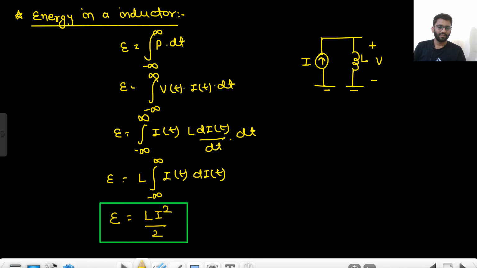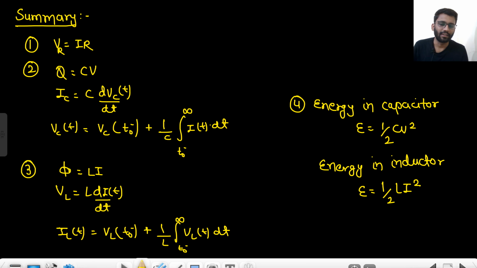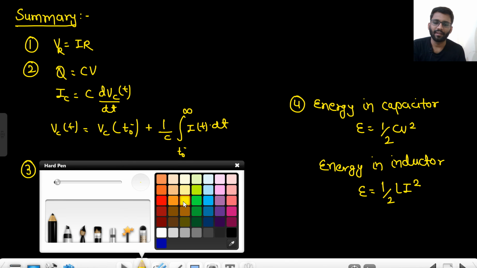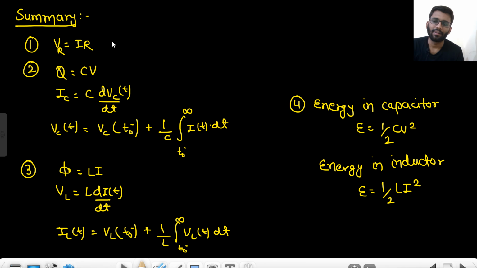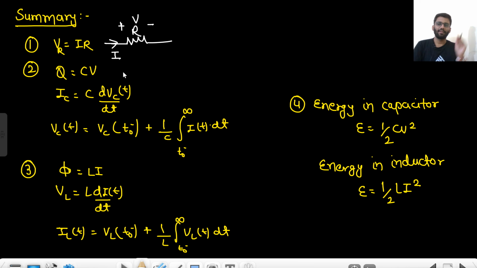Did you understand it? So right now, this is the summary of what we have studied completely. In a resistor, this was Ohm's law: this is the voltage, and the current will always flow from high to low. Then for the capacitor we studied Q equals to Cv.